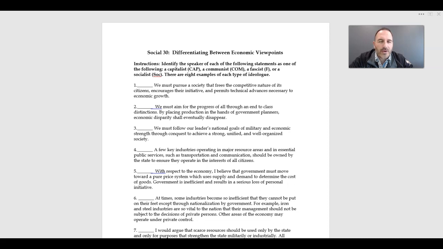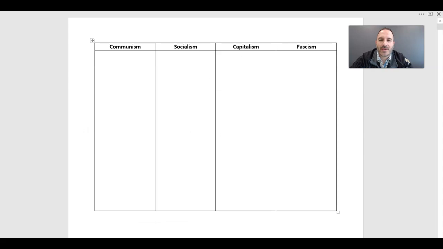We're not really going to focus too much on the mixed economy because that one's kind of hard to put our finger on, but as far as socialism and communism on the left, and then capitalism and fascism on the right, we're going to read these statements and identify them as one of these particular ideologies. And then, as you can see with the next document here, we're going to use the ideas from this to populate a cheat sheet that helps us learn about these different ideologies.